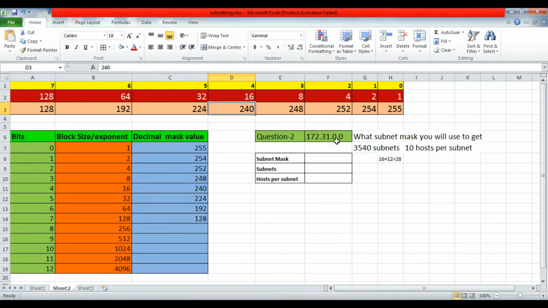So the subnet mask will be 255.255.255. The first 3 octets are reserved for the network, and from the 4th octet 4 bits are also reserved for the network, and for the 4th bit we have seen here 1 2 3 4. Here we see 240. We will write 240 here.